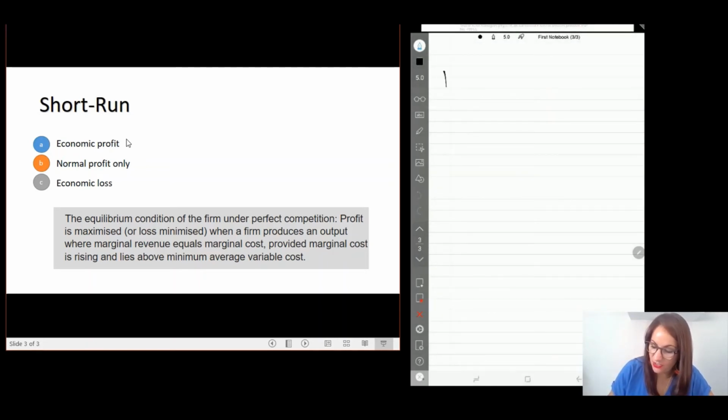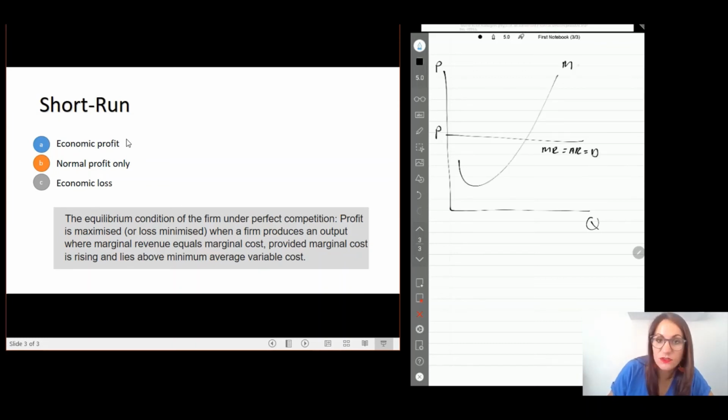So that's where your normal profit is. Now, economic loss is where you have price and quantity. You have a perfectly competitive firm where marginal revenue equals average revenue equals your demand curve. You have your marginal cost curve.